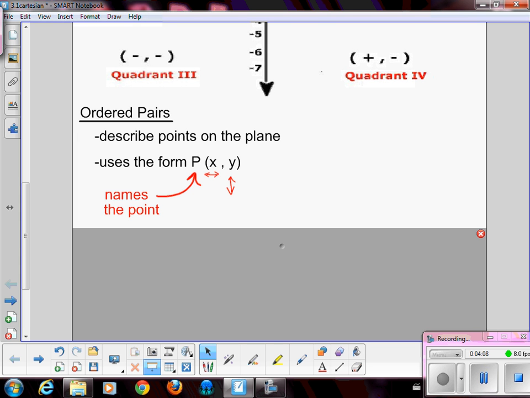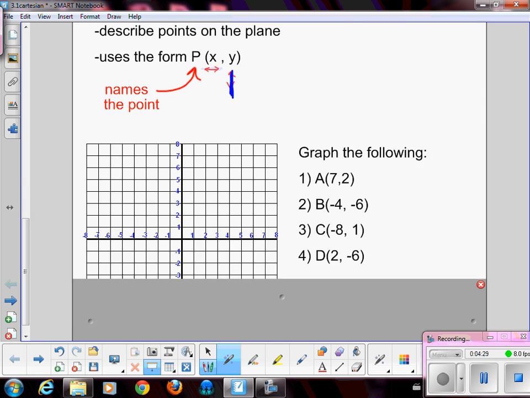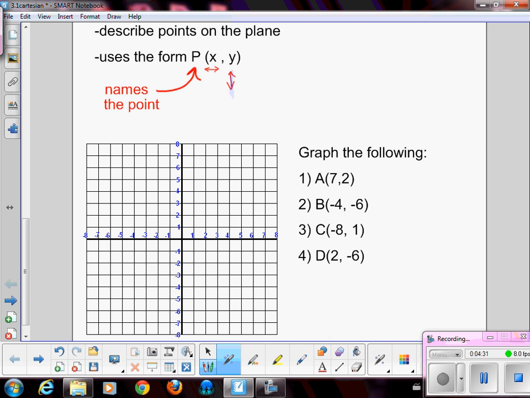That P names the point, so if I put P and then a bracket, it means I'm talking about point P. The x tells me whether I'm moving left or right, and the y tells me if I'm moving up or down. Let's try to graph some of these together.